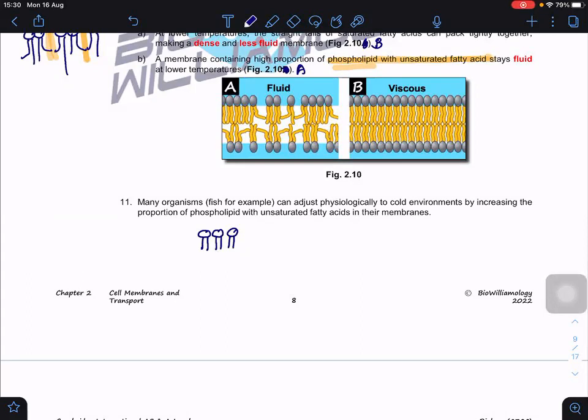But when the temperature is low, in a cold environment, the kinetic energy is low, so they won't vibrate much. So it will cause the membrane to be viscous and less fluid.